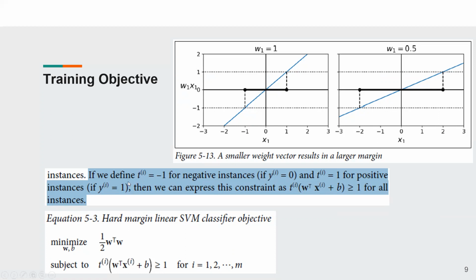If we define a new variable called t, with ti equal to -1 for negative instances and ti equal to 1 for positive instances, we can put them together as one constraint: ti times (w^T x plus b) larger than or equal to 1. It's sufficient to be the constraint for the hard margin linear SVM classifier.